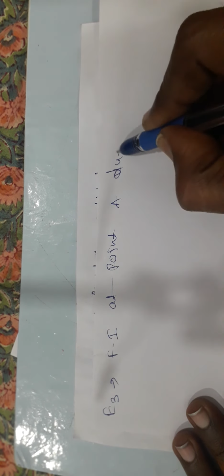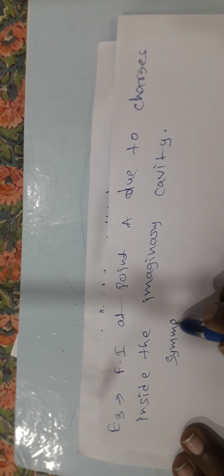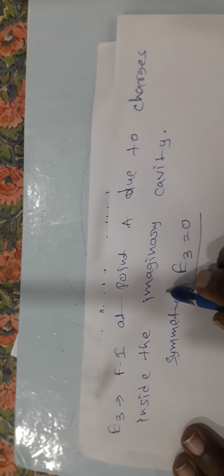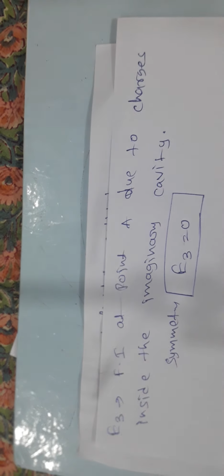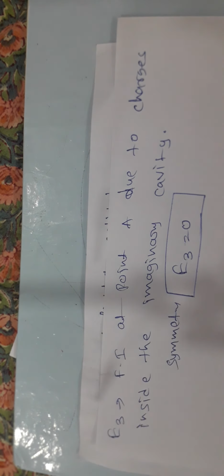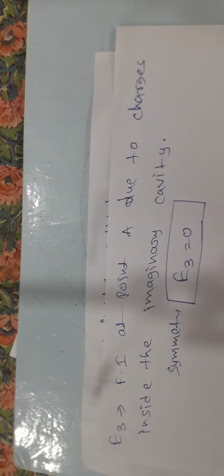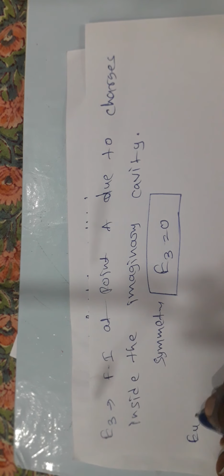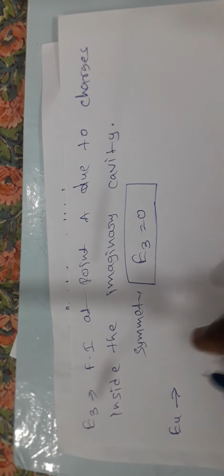So due to the symmetry, this E3 is equal to 0. Inside the cavity, due to the symmetry, no field is generated, so that E3 is equal to 0. Next, finally we calculate E4.